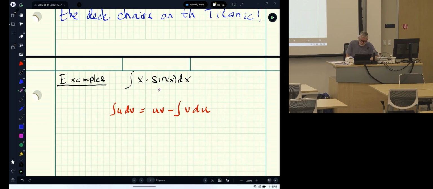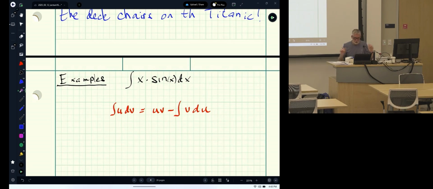When we look at this problem, x is easy to integrate, that's x squared over 2. Sine of x is easy to integrate, that's minus cosine of x. x is easy to differentiate, that's 1. And sine is easy to differentiate, cosine x. So it's hard, in theory, to figure out which one to make u and which one to make dv.